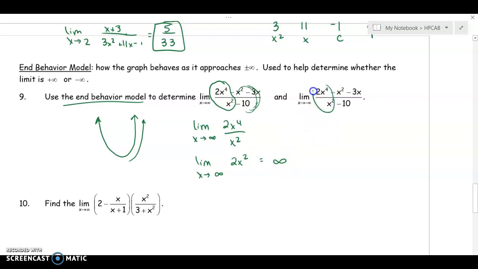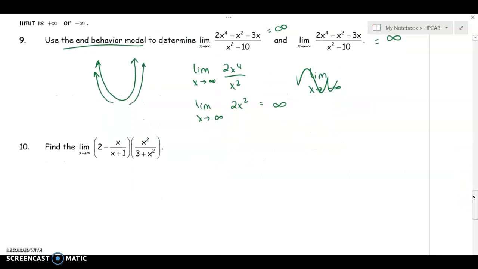If you do negative infinity, the limit as x approaches negative infinity of this whole crazy thing, I'm not even going to rewrite, I'm just going to put it right here. As you go to the left, it's going up, up, up. So that's going to be positive infinity. So both of these limits approach positive infinity. And you just do the end behavior model.